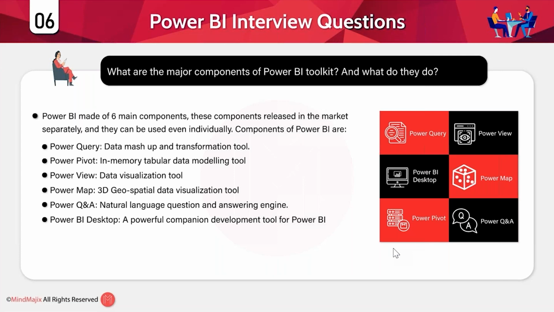It helps you to define your data set and also gives the viewer the capability to ask a question of Power BI which may not be typically covered on your front end. So this really helps you to define your entire canvas pretty well. These are the 6 main components that make up the Power BI toolkit.